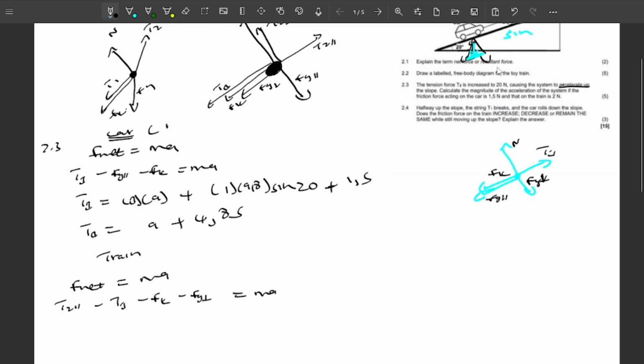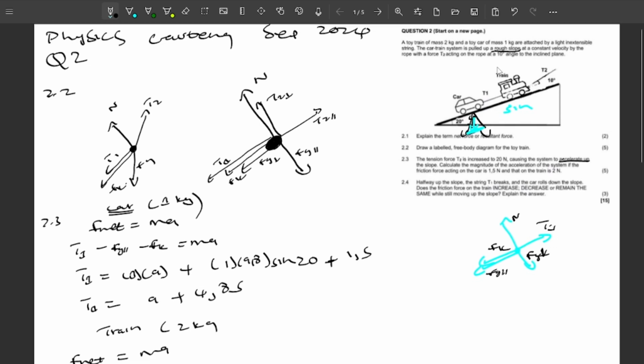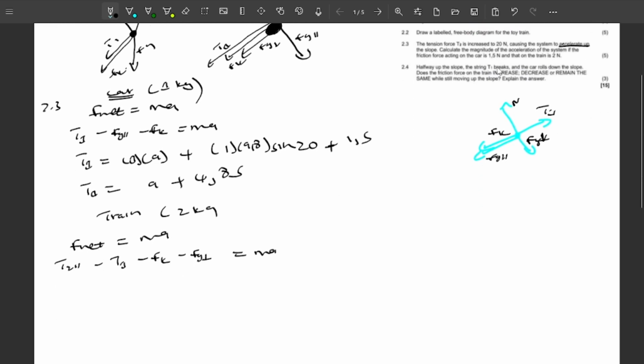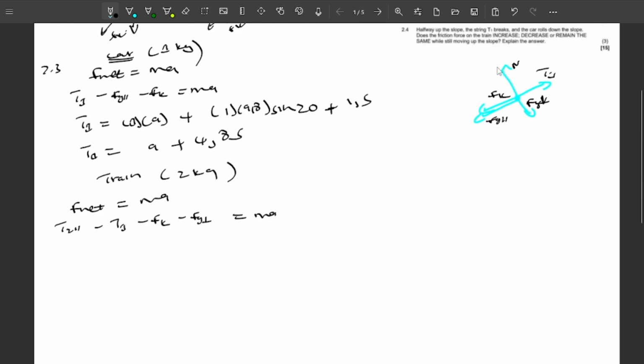So the mass of this one is 1 kilogram. Now the mass of this one is 2 kilograms. We can even double check. Yes, it's 2 kilograms. So we're going to then say T1 is equal to 2A. Then we're going to add these ones.